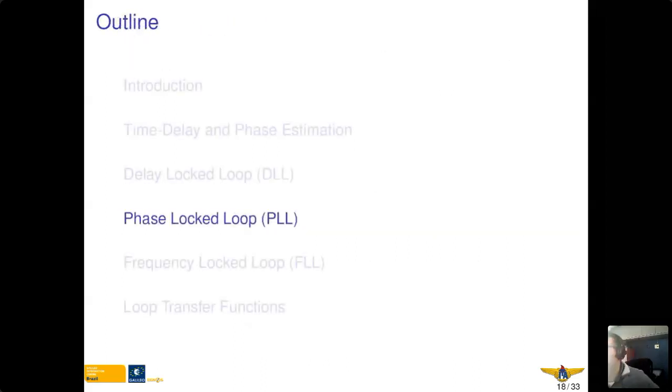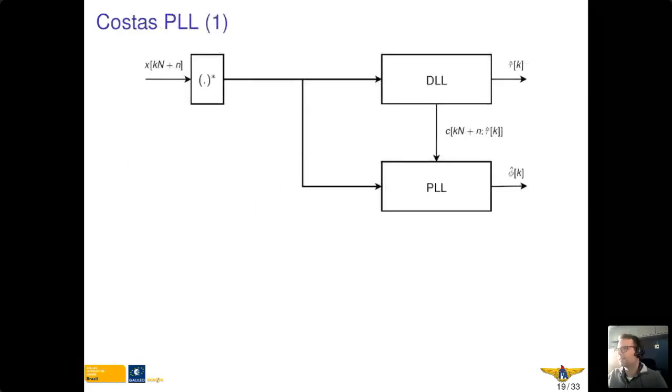Yeah, let's have a look at the phase locked loop. So how is the phase locked loop connected to the delay locked loop? We need the time delay estimate from the DLL to perform correlation with the signal and then feed this signal into the PLL.